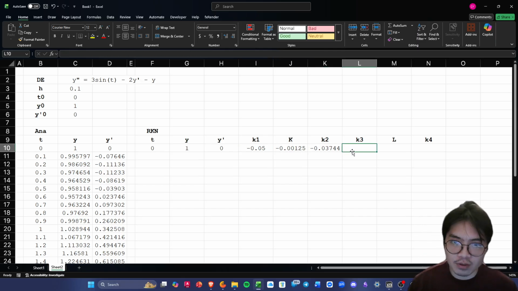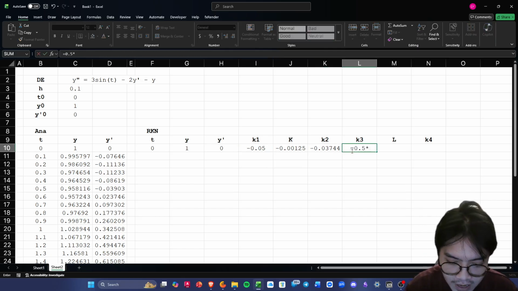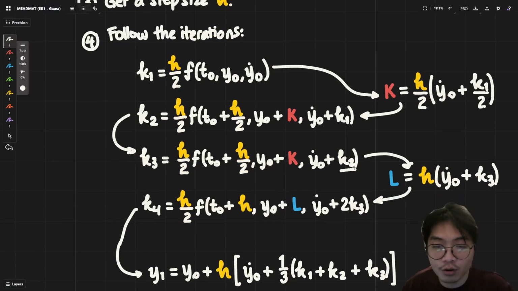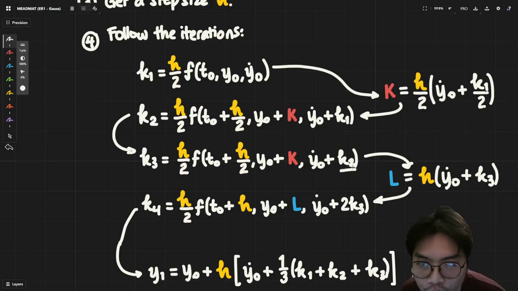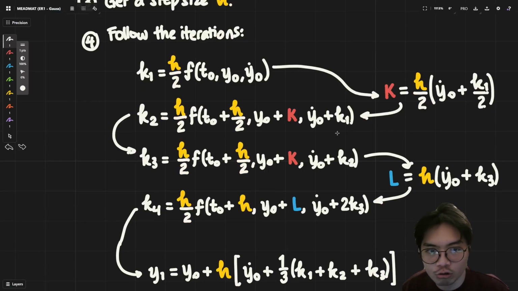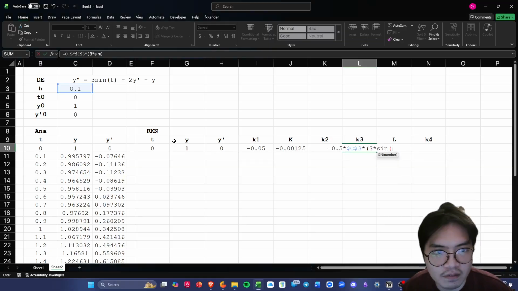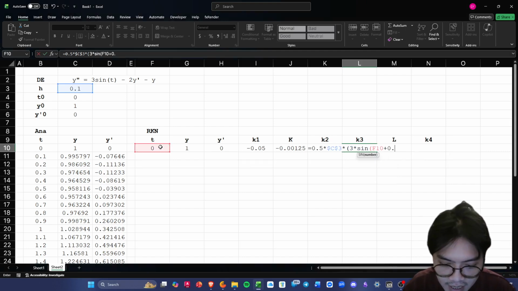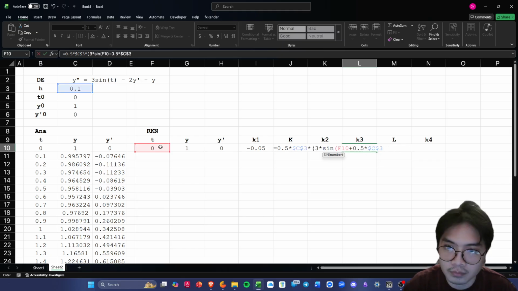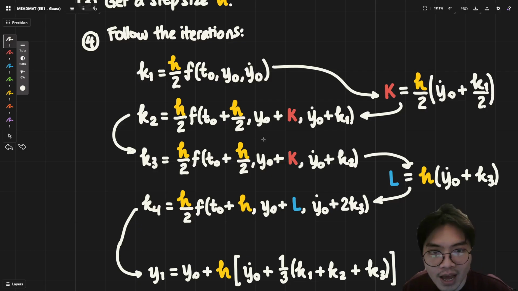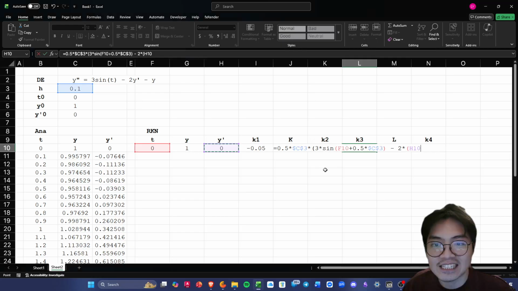And then your K3 will be calculated much the same way, 0.5 times your step size times... Now we will go through the whole thing again, but instead of using K1 in here, you will now use K2, right? So this will be 3 times sine of, instead of just t, you will use t plus half a step. Minus 2 times, instead of using y prime, you will use y prime plus k2.